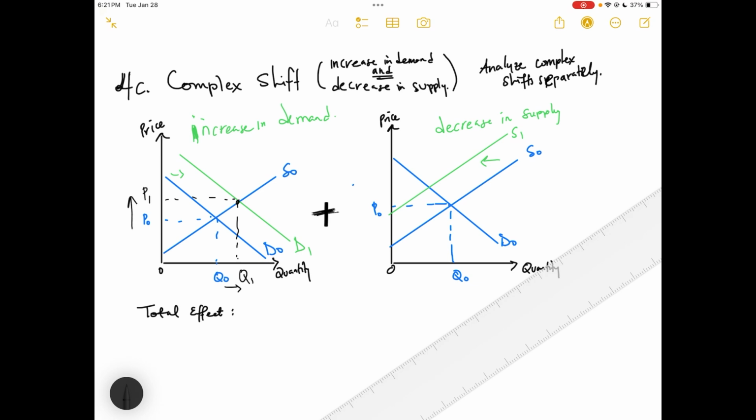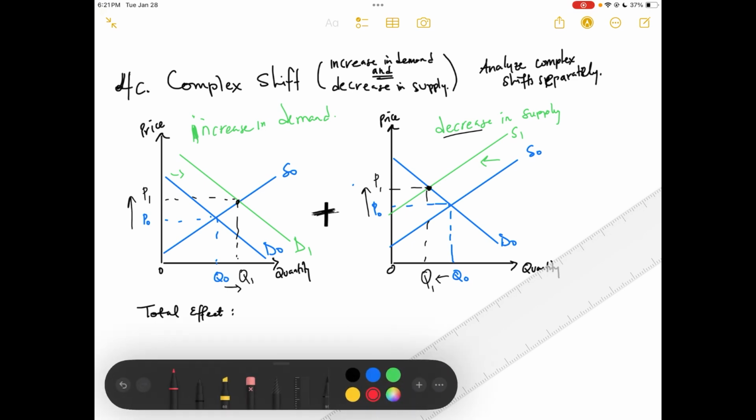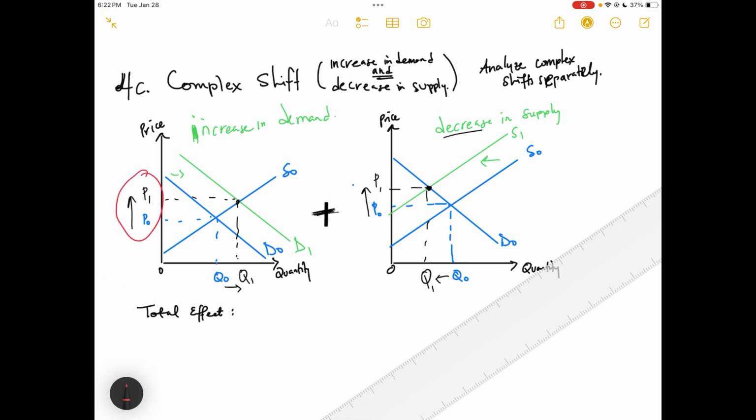Equilibrium quantity has increased, equilibrium price has increased. Right here in the decrease in supply, equilibrium quantity has fallen, equilibrium price went up. The total effect. You can see that there is overall an increase in equilibrium price.